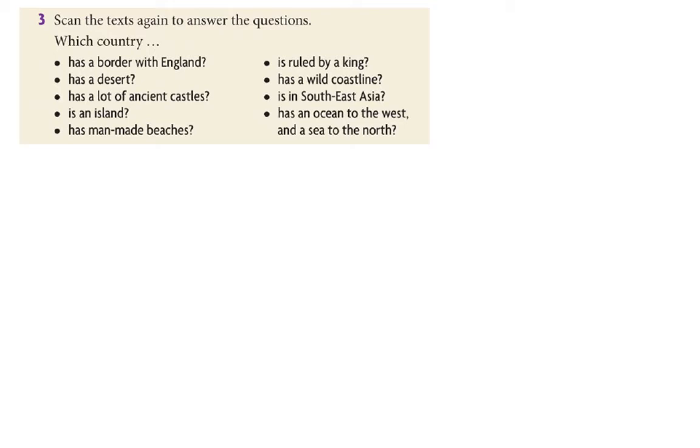Now the third exercise is to scan the text again to answer some questions. We have about 9 or 10 questions we should answer, and in order to answer these questions we need to go back to the paragraphs and scan them again to find the answers. Let us start with the first question. It is about which country has a border with England?